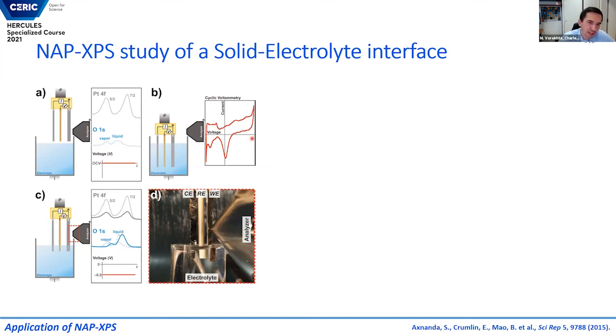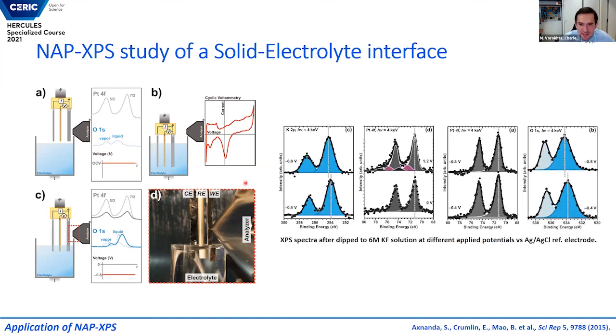You can do some cyclic voltammetry there, and then you can follow the structure. For example, it was a simple experiment which shows that this principle works with platinum. So it was shown how the intensity is changing, because there is a liquid, of course. So this is without liquid, and this is with liquid. And then when you apply some potentials, you can see the formation of some oxygen species.